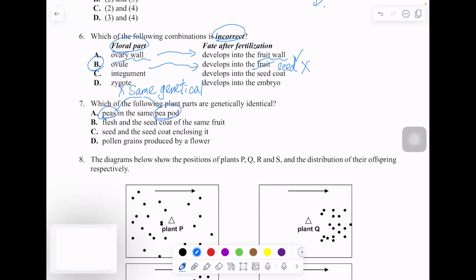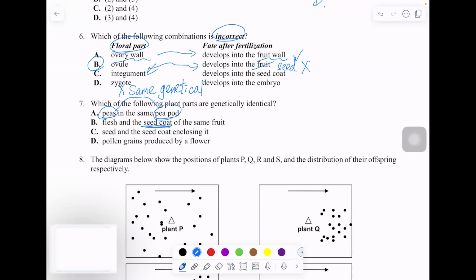Next, the flesh and also the seed coat of the same fruit. The seed coat is made by the integument, which is one part of the plant, and we consider it somatic cell from before the development of the fruit.